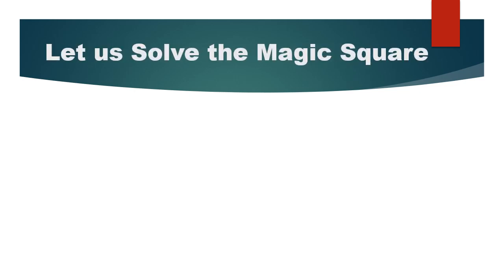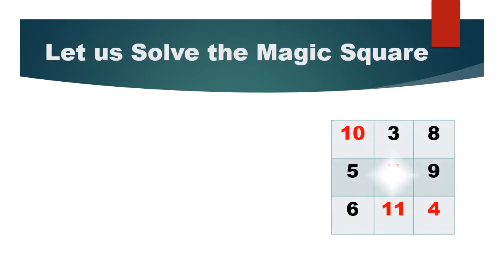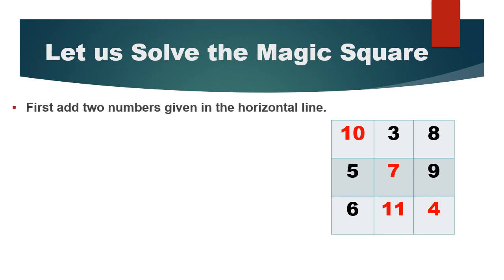Now, let us solve the magic square. See on the screen. I have already solved this magic square. But how? Now just go through the following steps which I made to solve this magic square. Now, what are these steps?